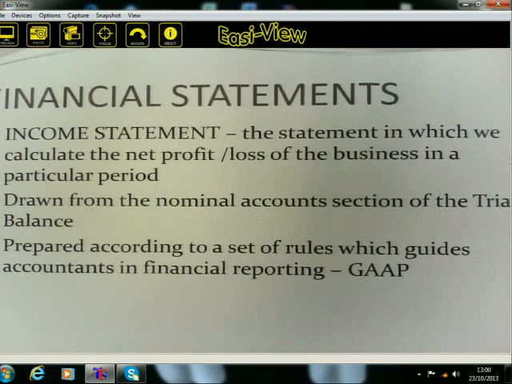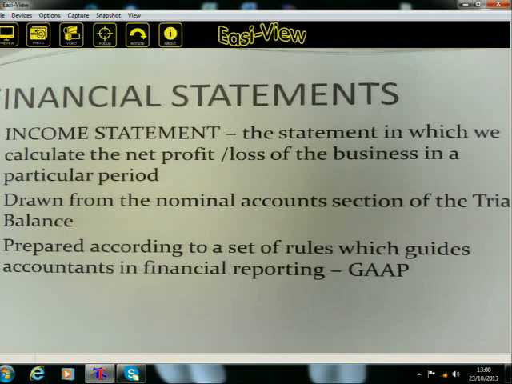And the information that we use to draw the income statement will be from the nominal account section of the trial balance. In most cases, but at some stages, it cannot be given in a trial balance where the sections will be divided. Like we know in the trial balance, we have the balance sheet account section and the nominal account section.